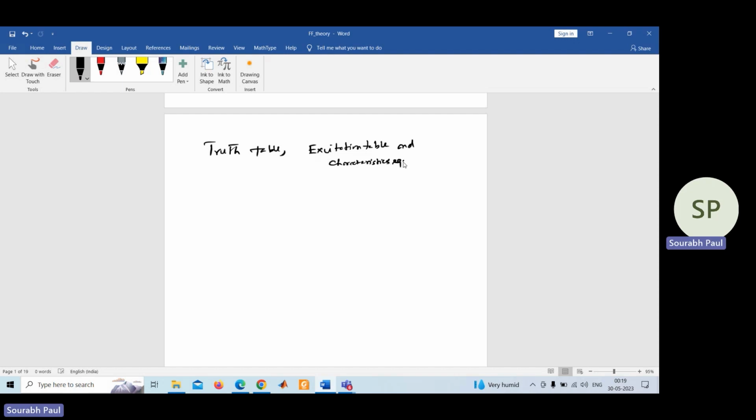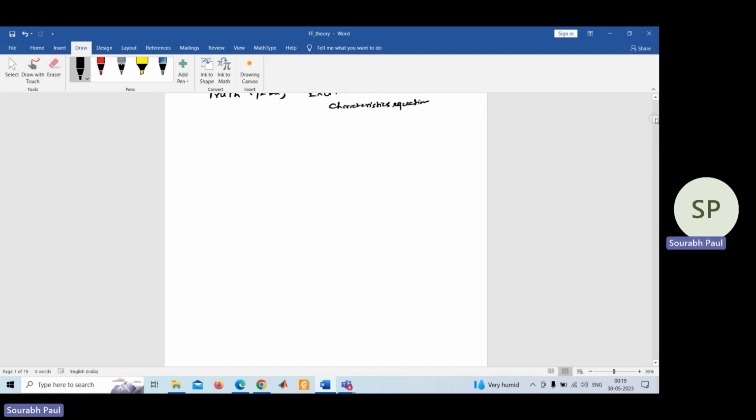Characteristic equation. These three things I'm going to cover in this lecture. Now, let me start from the truth table portion of SR flip-flop.